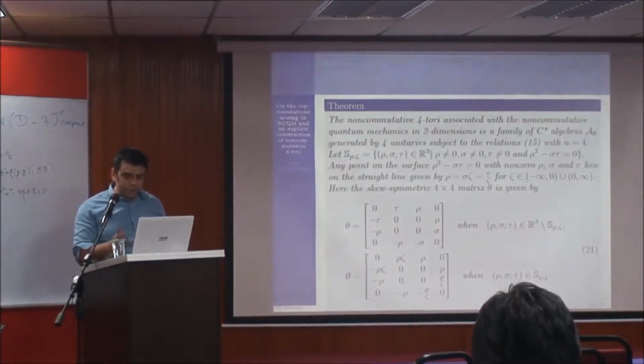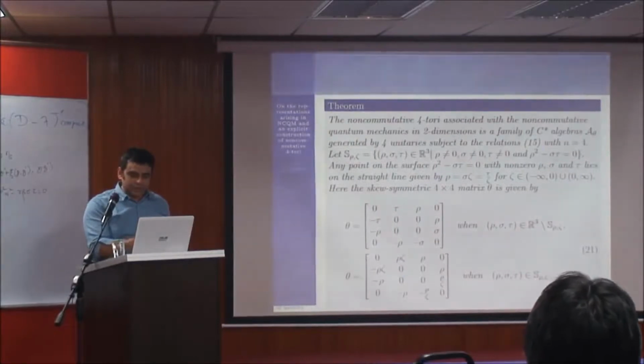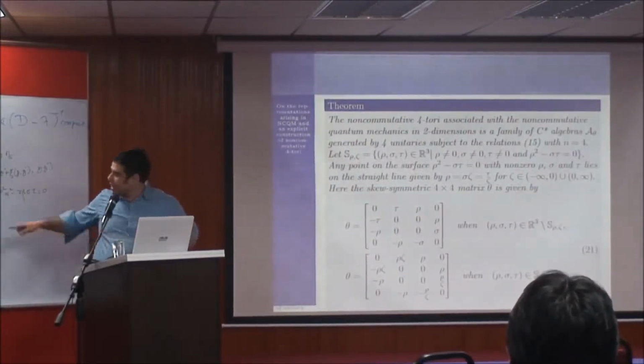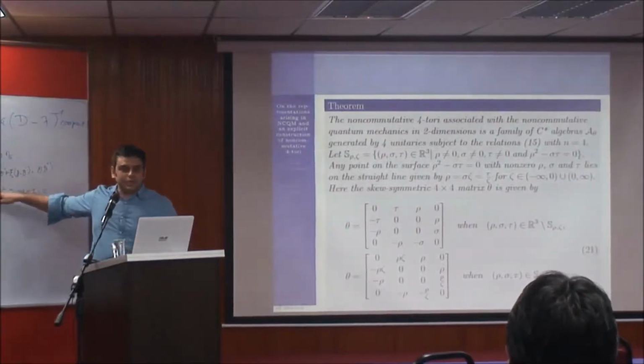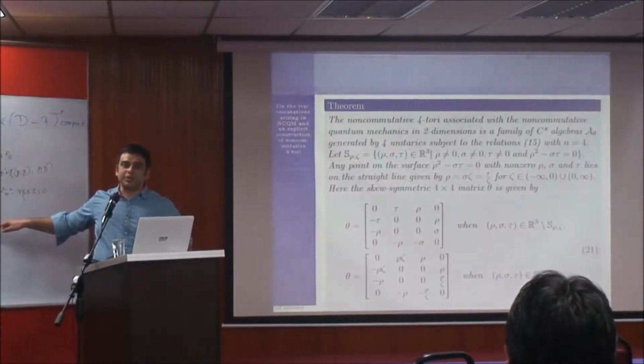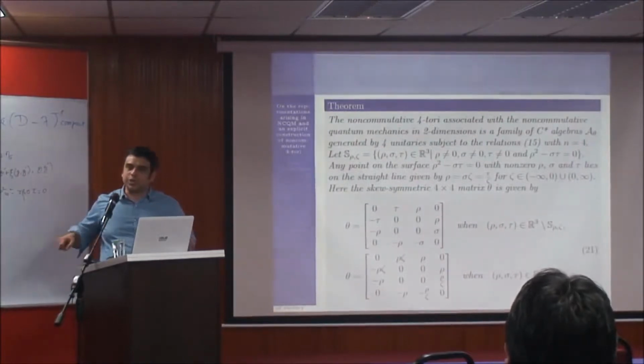When rho, tau, sigma are 0, they follow from the first one. So the only non-trivial situation is the second matrix, where we are on this surface. That's why I separated the statement into two skew-symmetric matrices, because the second one cannot follow from the first one.